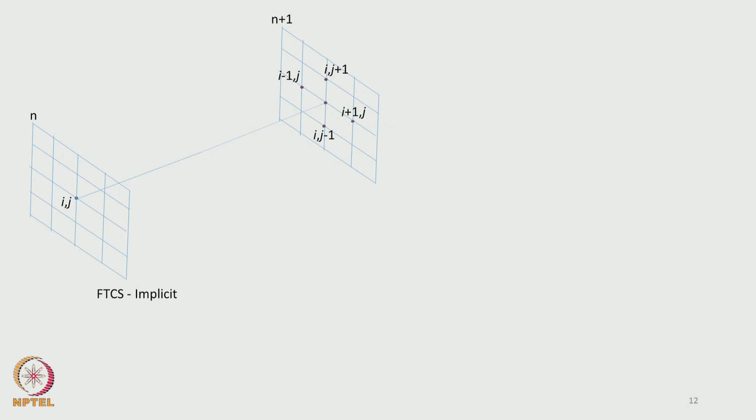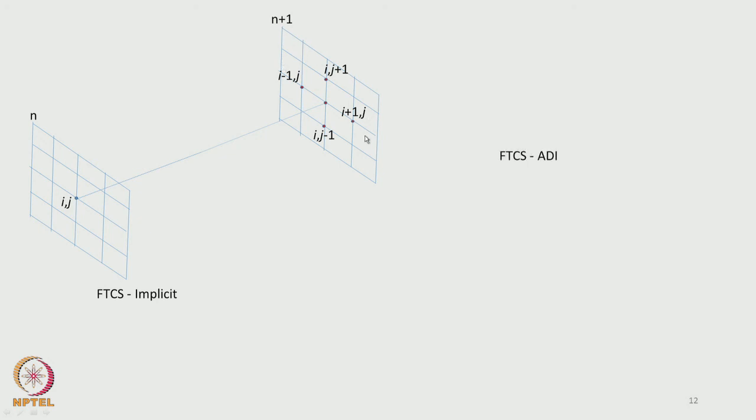Now, let us understand this by a graphical sketch. Fully implicit, forward in time, central in space: suppose these are the grid nodes at nth level. So, i comma j is here, and to evaluate i comma j at n plus 1 time level, that is this plane, we take all the quantities corresponding to n plus 1 level.